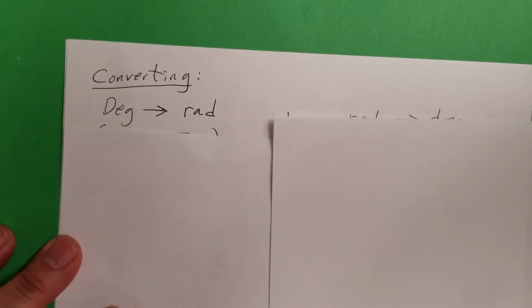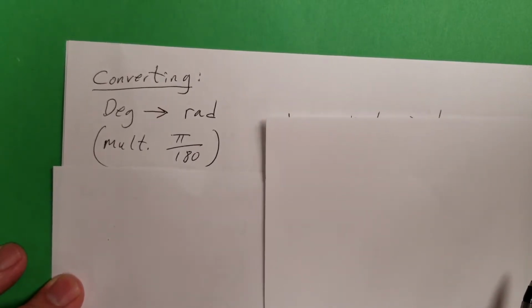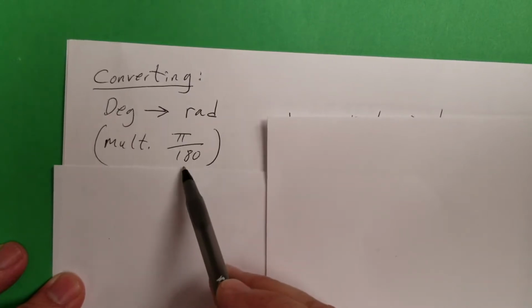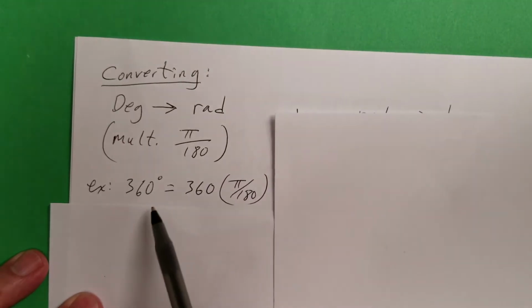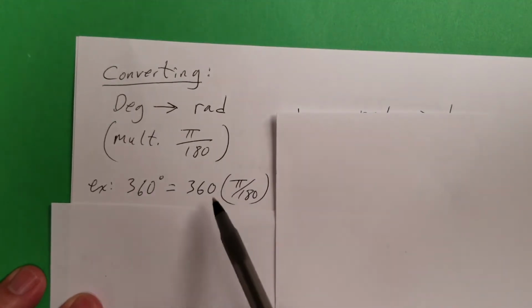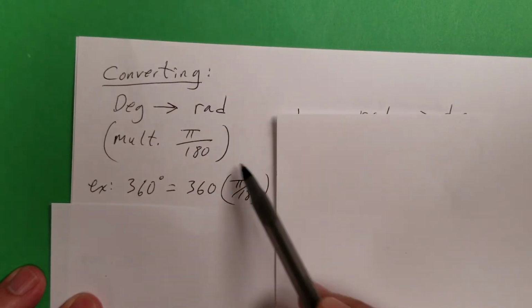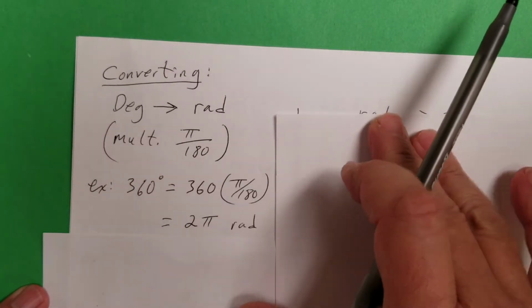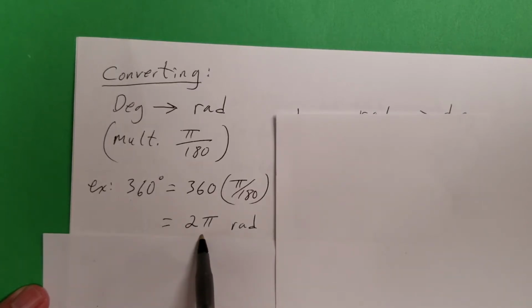But if you don't memorize them, to go from degrees to radians, take your degrees and multiply by pi over 180. Let's do an easy one. 360, you multiply by pi over 180, and the answer will be radians. 360 over 180 is 2 pi. So 360 degrees is 2 pi. That's what you do for any angle.